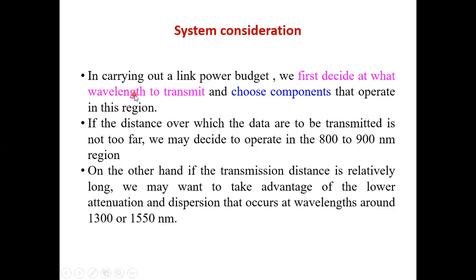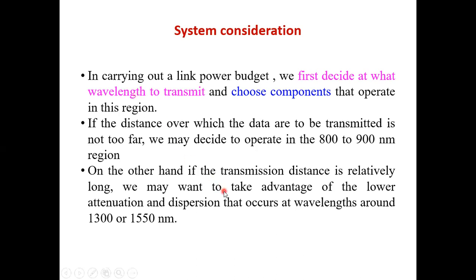You will not decide your wavelength randomly, because components at higher wavelength are all going to be costly. If you select 1550 nanometer but are going to do your transmission in a small area, that investment is not right, because I could have gone for a cheaper component operating at a lower wavelength.